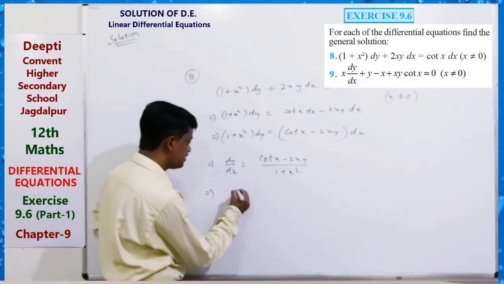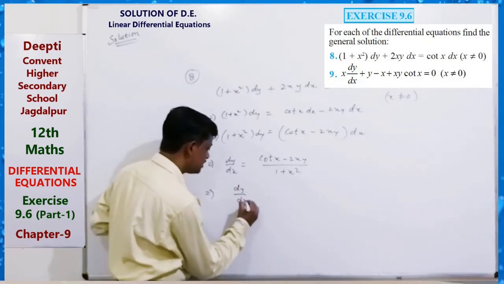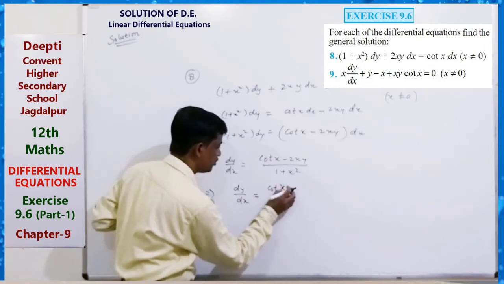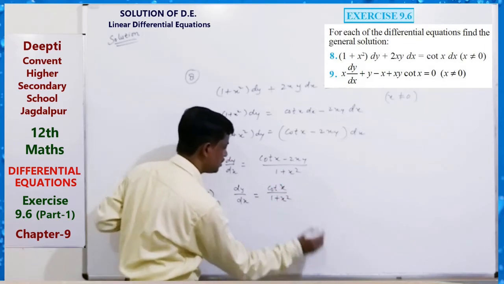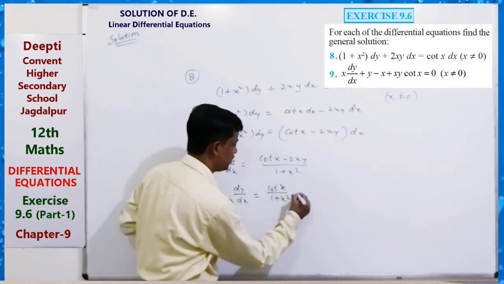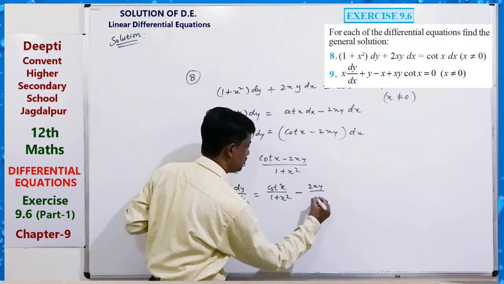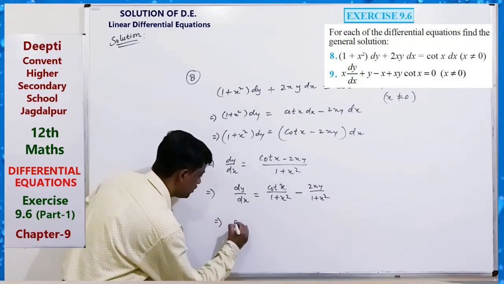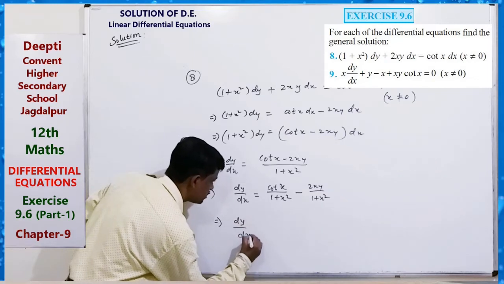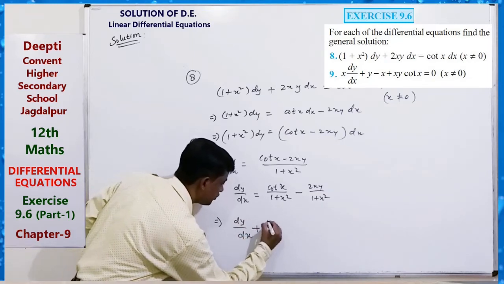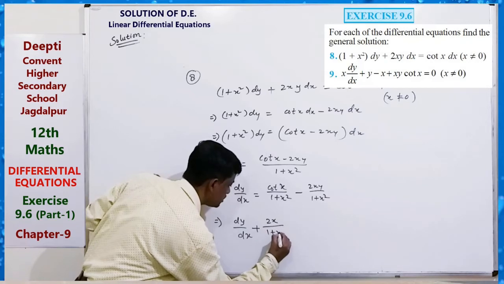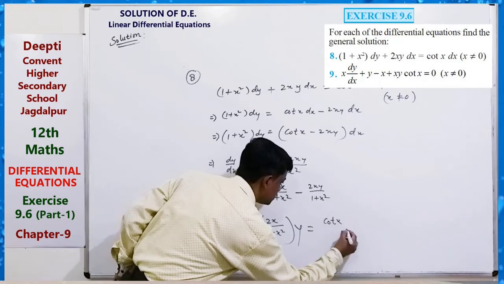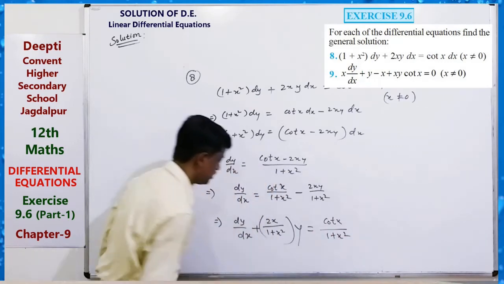So we can write dy upon dx equals cot x upon 1 plus x square minus 2xy upon 1 plus x square, and dy upon dx plus 2x upon 1 plus x square y equals cot x upon 1 plus x square.